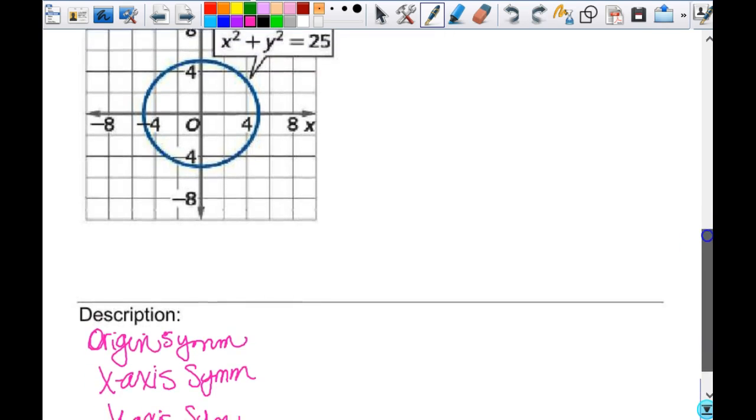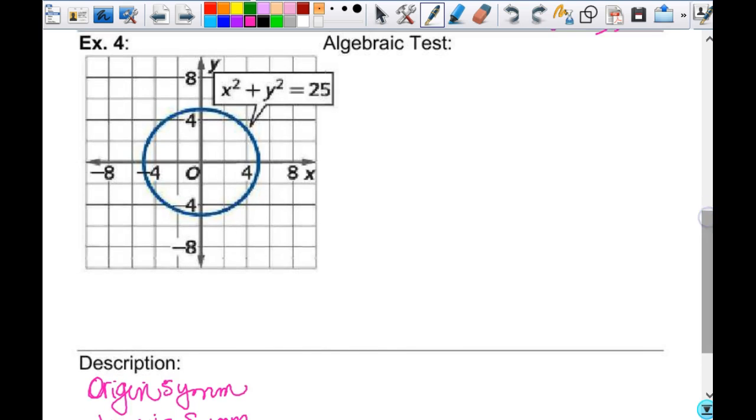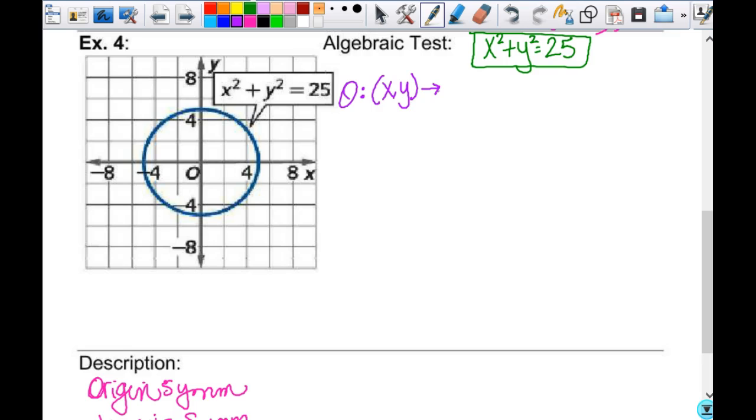Since I've got to do 3 tests, I'm going to label them as we go. I'll rewrite my original one here. x squared plus y squared equals 25. We'll start with origin, because it was the first one I wrote down. For origin, xy maps to what? Negative x, negative y, right?